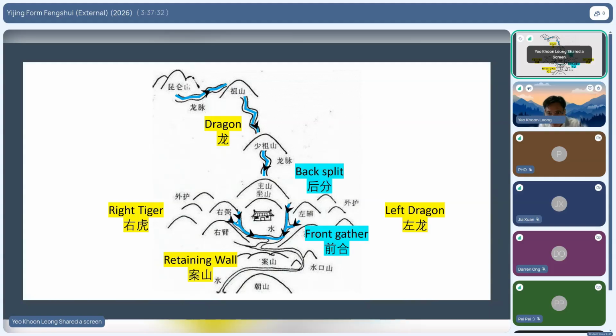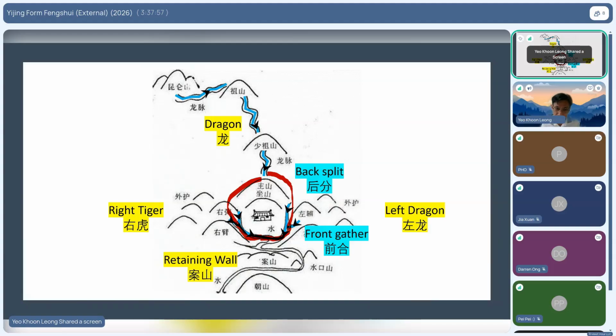Then we have the left and the right. Left dragon, right tiger. These two act like the arms. They help channel the energy forward. From the back dragon, the left and right arms help to channel it to the front. But not all left dragons and right tigers can do that.